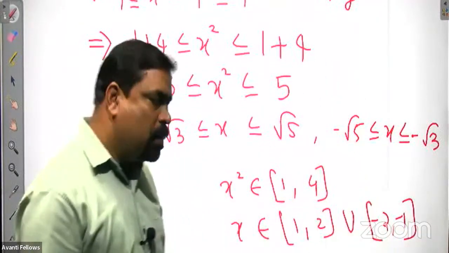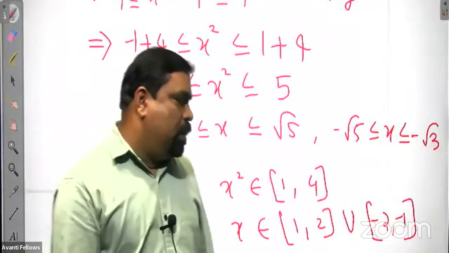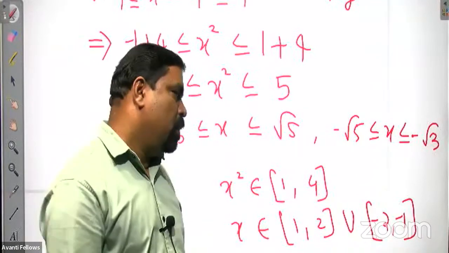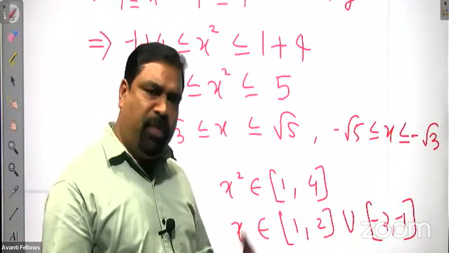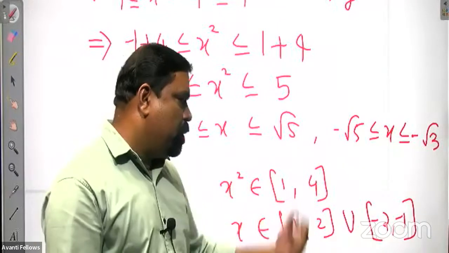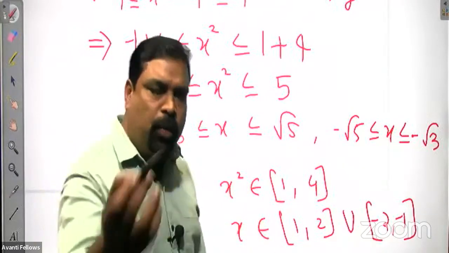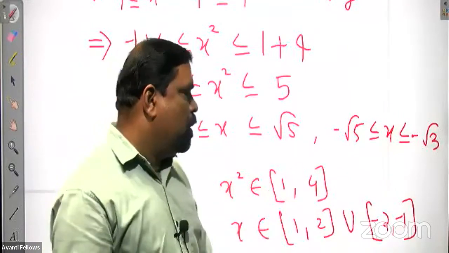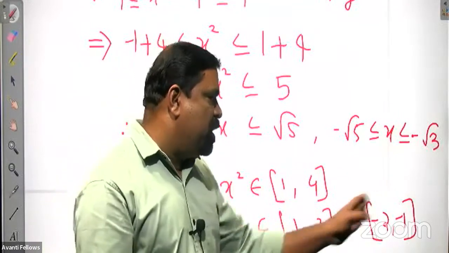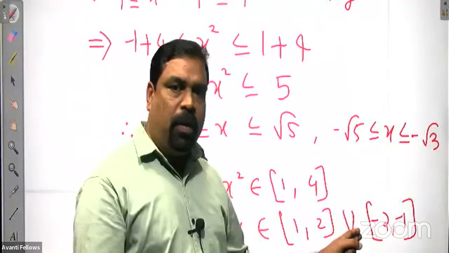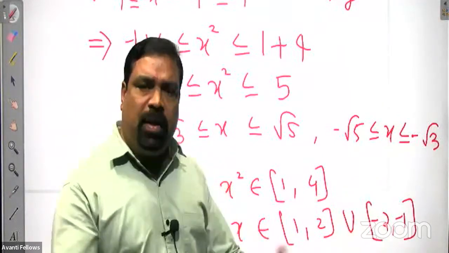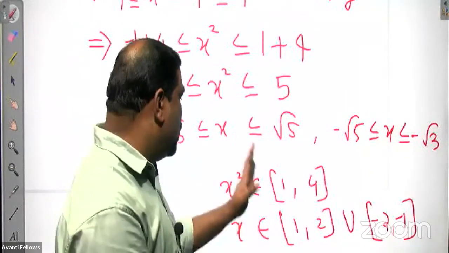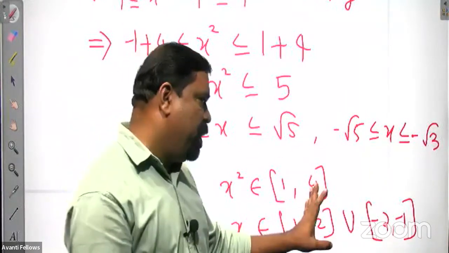Isn't it? For example, if x is -1, then x square is 1. So x square belongs to 1, 4. If x is -2, then x square is 4, again belongs to 1, 4. Or x is in between -2 and -1, say -1.5, then x square is 2.25. So that belongs again to 1 to 4. So same idea.